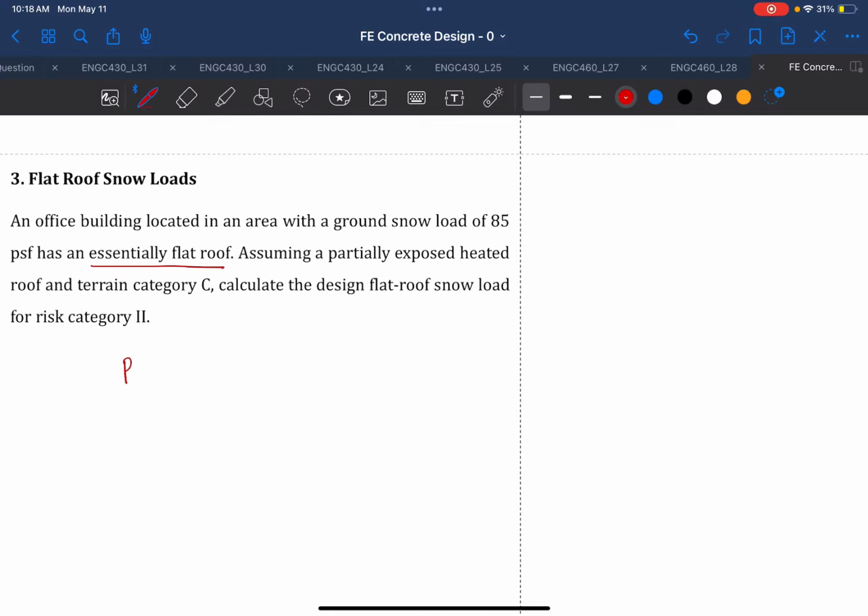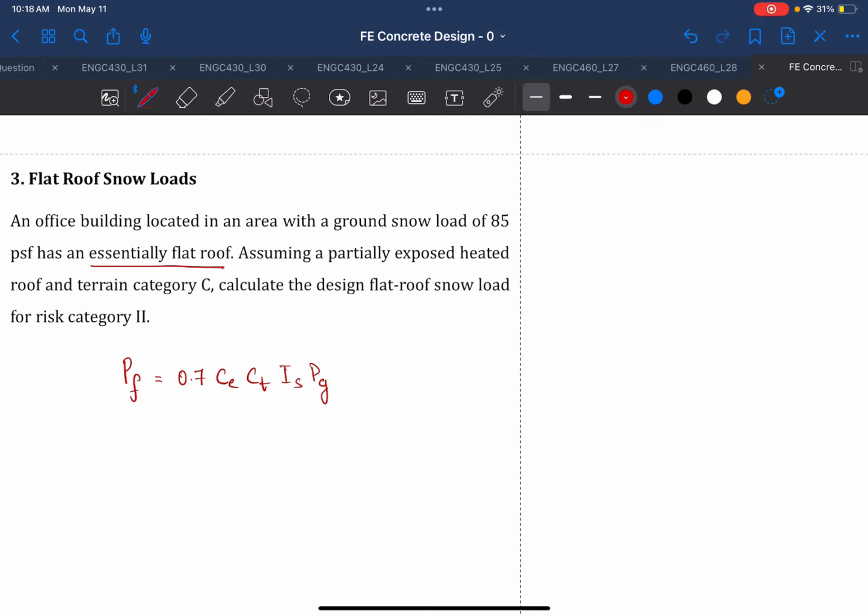So in your FE manual, PF, which is your flat roof snow load, is equal to 0.7 CE CT IS PG. Okay, so what are all these values?